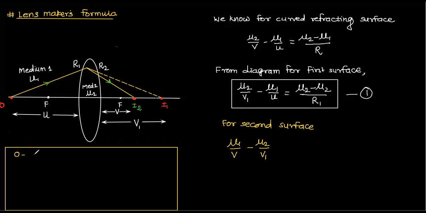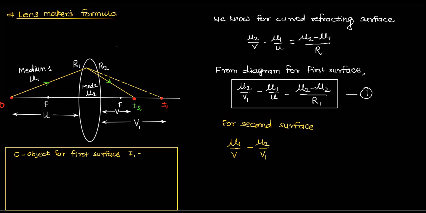O is object for first surface, and because of this first surface, I1 is image. Or I will write in a simple language.